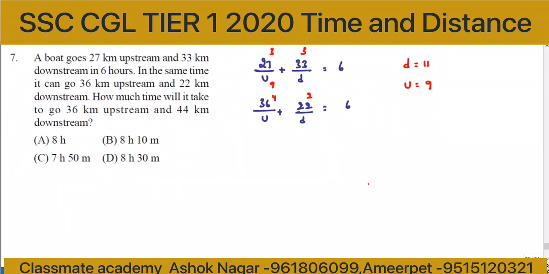How much time will it take for 36 kilometers upstream and 44 kilometers downstream? 4 plus 4, how many hours? 8 hours. Is that clear? By using the given equation, you can find D equals 11, U equals 9. After finding that, we are just substituting in what he asked.